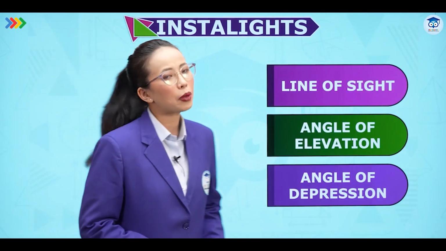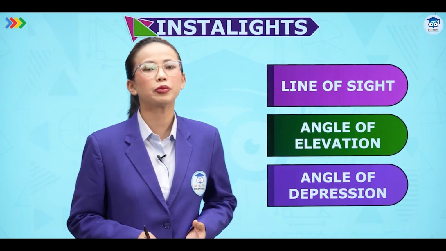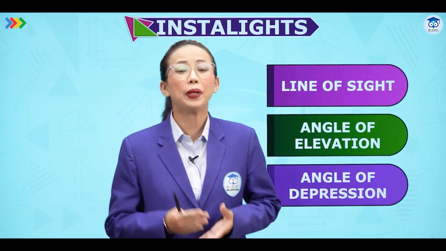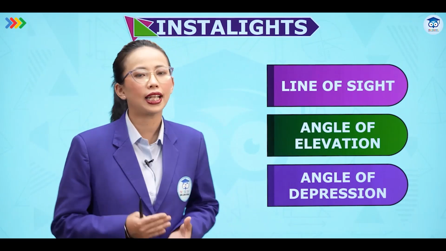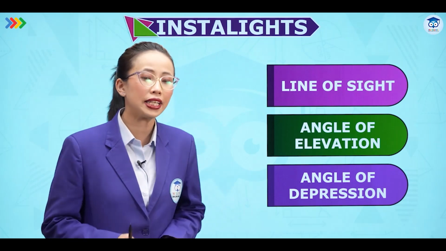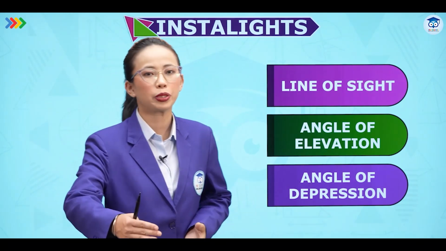So let's recap what we have learned in this entire chapter. In this entire chapter we have understood the application of trigonometry with the help of line of sight. Line of sight is nothing but the line, okay, the distance between the eye position and the object position.